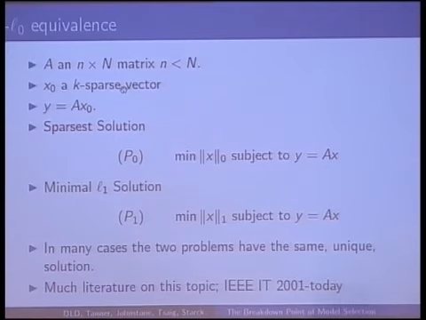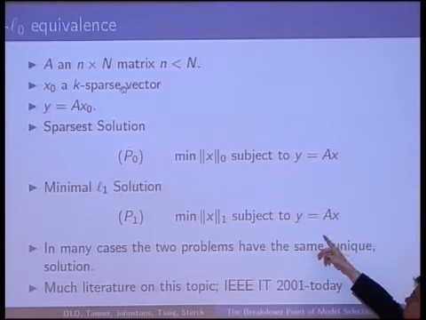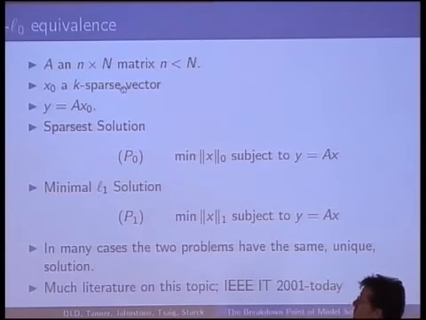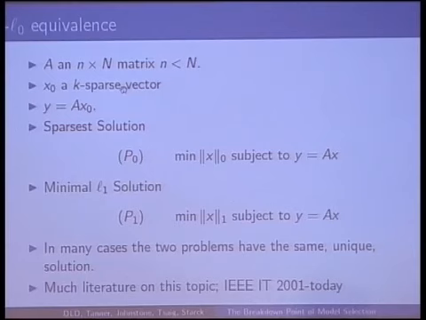And there's another optimization problem that I'd like to consider, which is the minimal L1 solution: minimize the L1 norm subject to this constraint. A basic phenomenon which has been known for some time is that there are a wide range of cases in which the two problems have the same unique solution. So it's unambiguous what the solution is to either one of them, and they're identical.